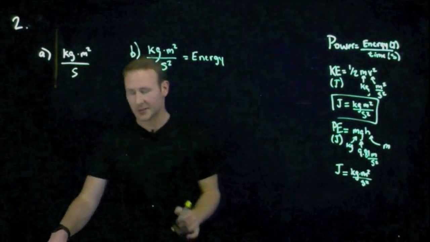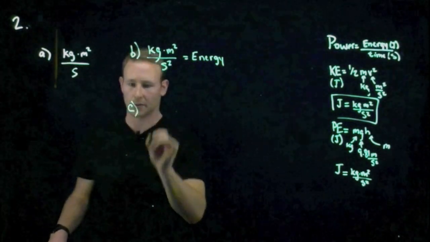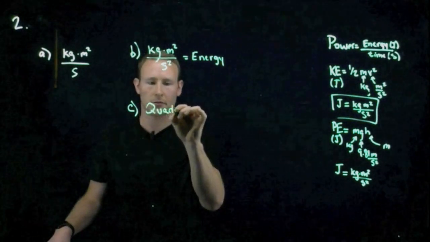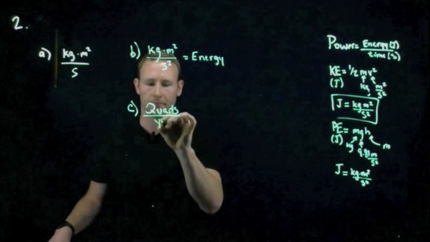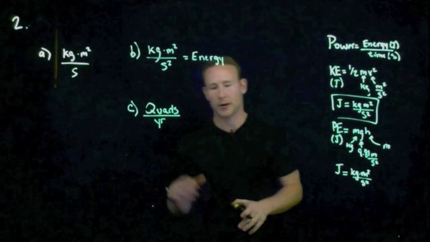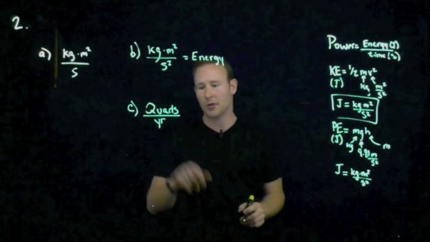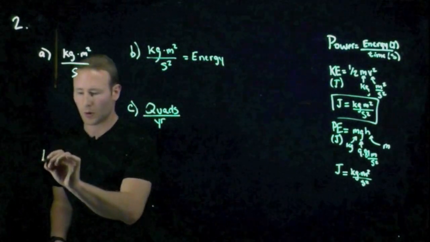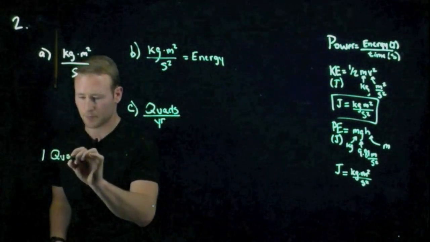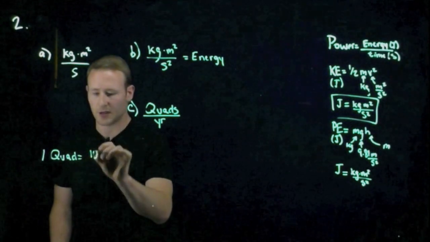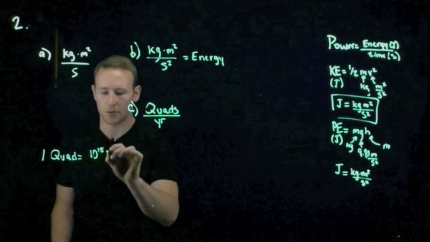This next one, part C, is where it's going to be a bit more tricky. We're looking at quads per year. The main way we're going to look at this is by using our unit conversion sheet. We know that one quad is equivalent to 10 to the 15 BTU.